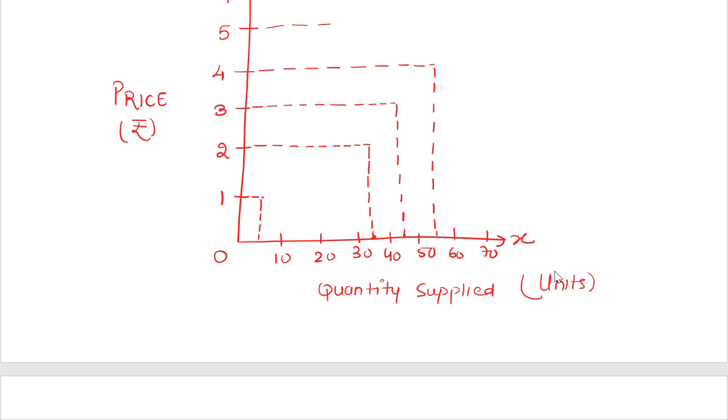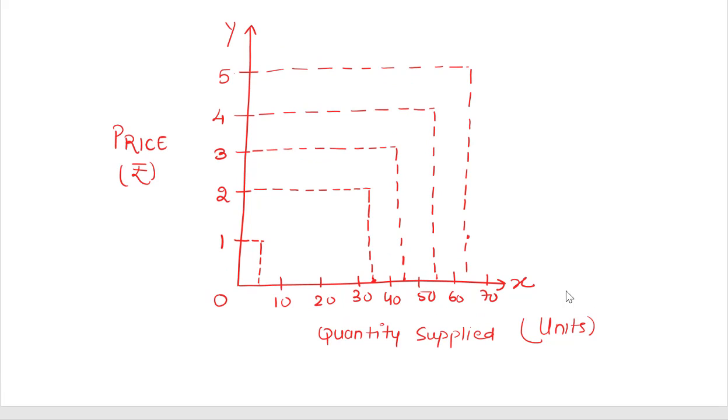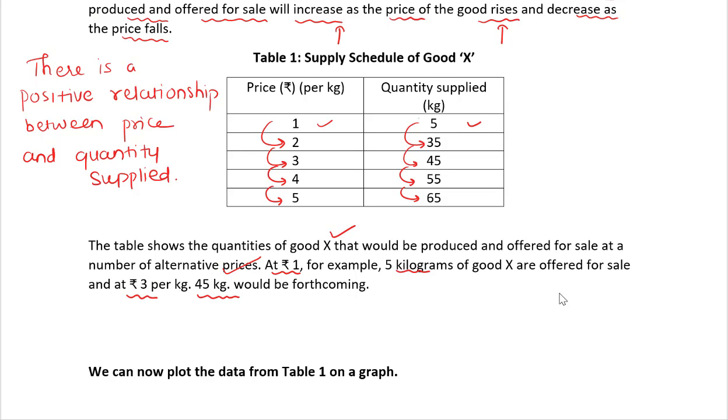And at 5 it is 65. This is the SS supply curve. Have you understood?